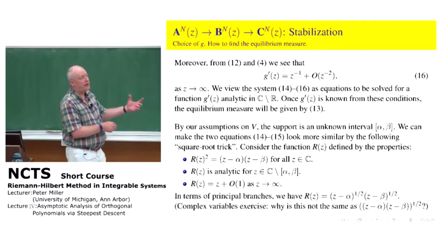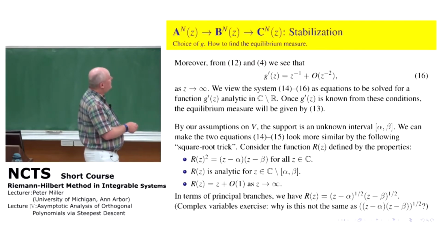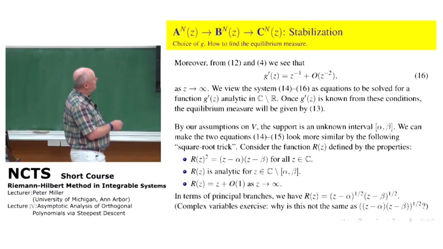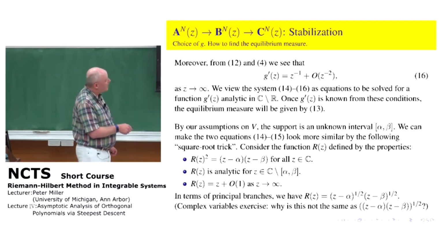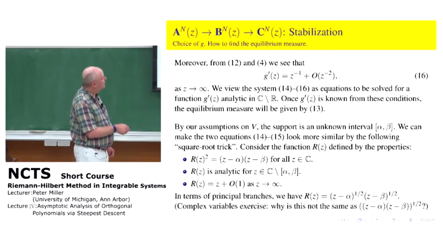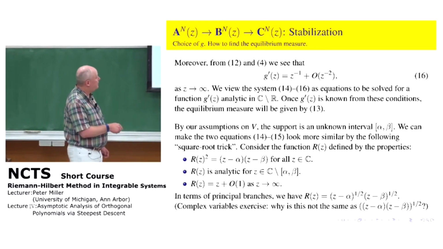Alpha and beta are the unknown endpoints of our support interval. However, that's not enough to specify this function uniquely. We want it also to be analytic in the complex plane, take away this branch cut, alpha, beta. We'll make that the branch cut for our complex valued function R of z. And then we want R of z to behave like z as z goes to infinity.